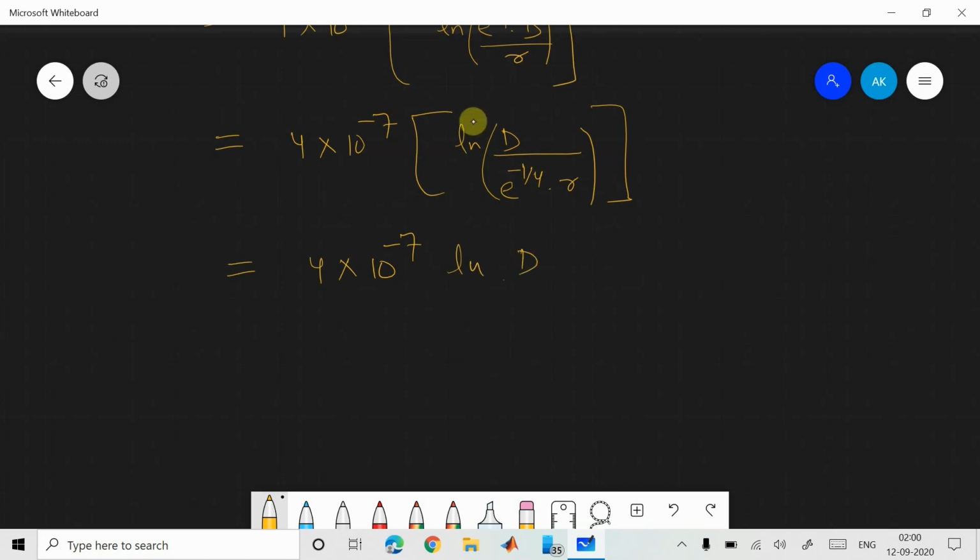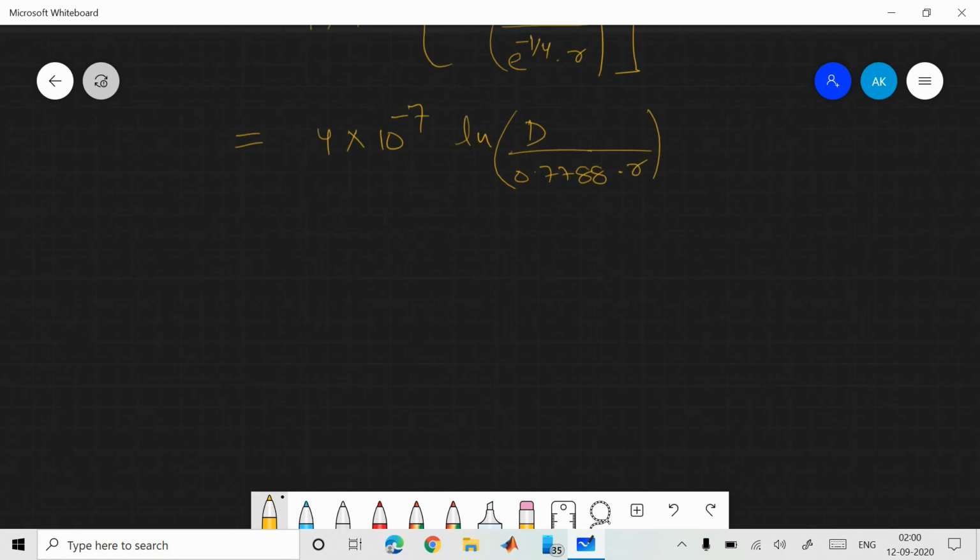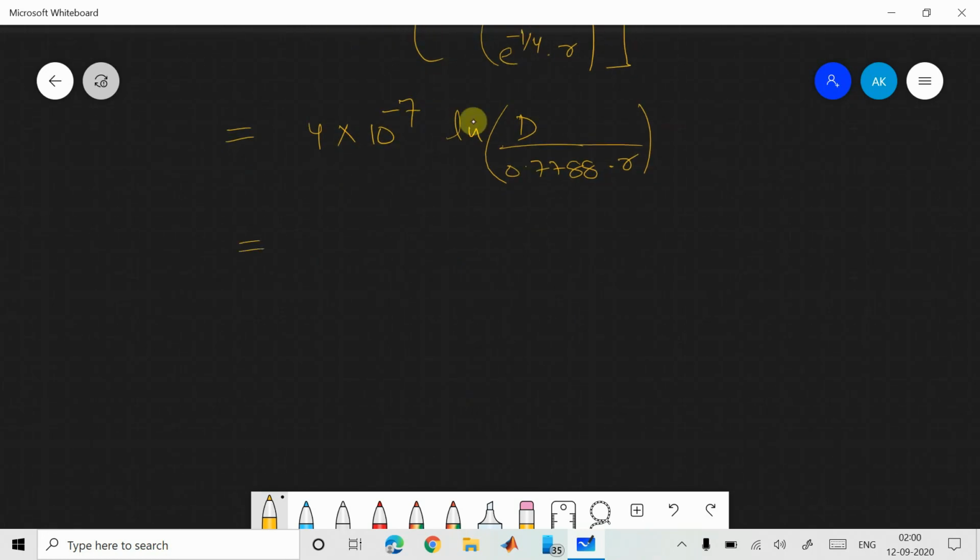It is 0.7788 into r. Okay. So the final expression is 4 into 10 raised to power minus 7 ln d by r dash. Okay, this is your L total.